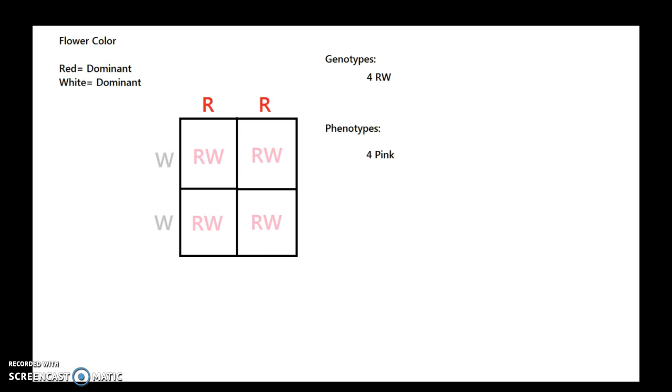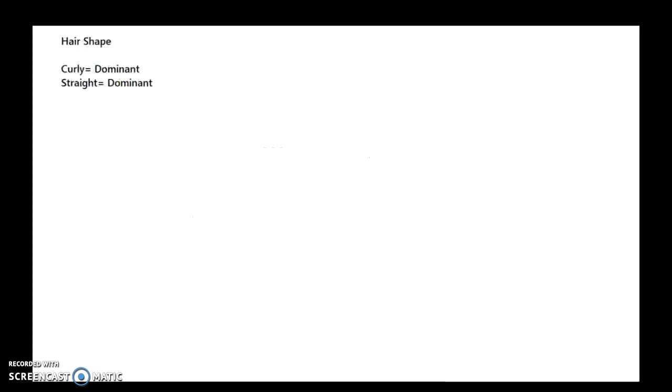So sometimes both genes are dominant. Neither one is dominant over the other, so we get a blending of traits for our phenotype. Here's another example for hair shape using curly and straight. So it's not exactly complete dominance like we looked at on worksheet 1 and 2. It's more like an incomplete dominance.